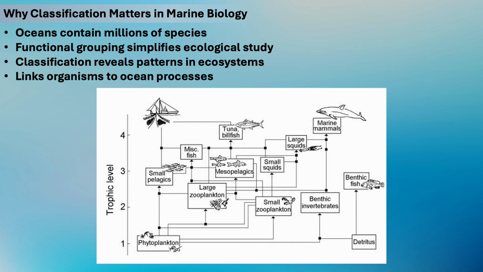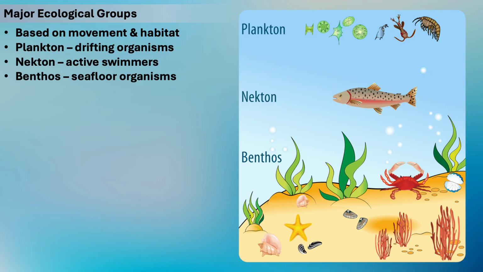Together, these classifications provide a framework for understanding how marine life is structured throughout the ocean. Marine organisms are commonly grouped into three major ecological categories based on how they move through the ocean and where they live. These categories are plankton, nekton, and benthos.